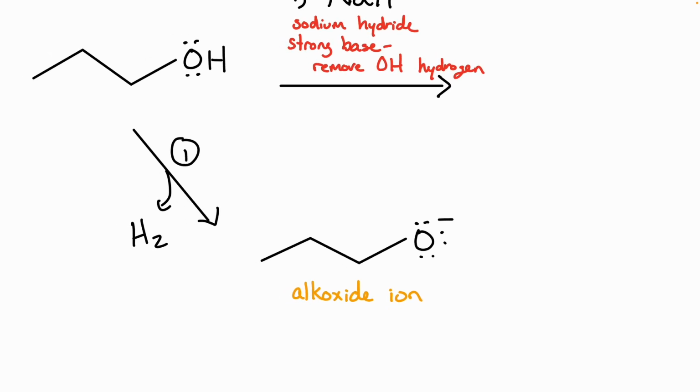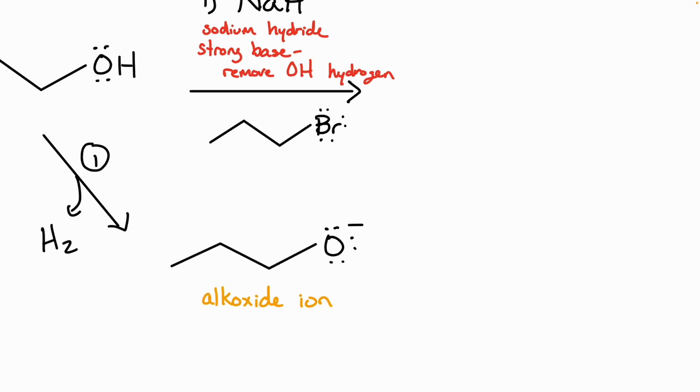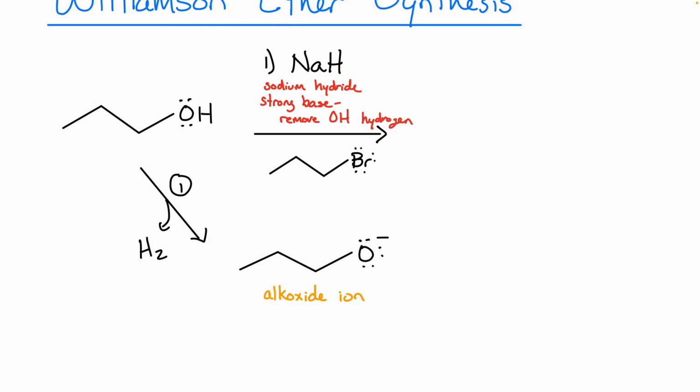And again, these things are our good nucleophiles. So if we turn around and react them with our alkyl halide, for example this guy here, we're going to get a substitution reaction to produce our ether.